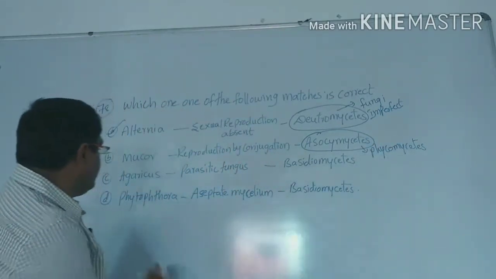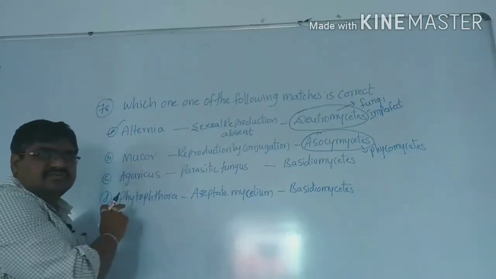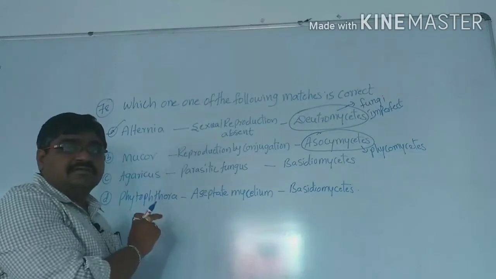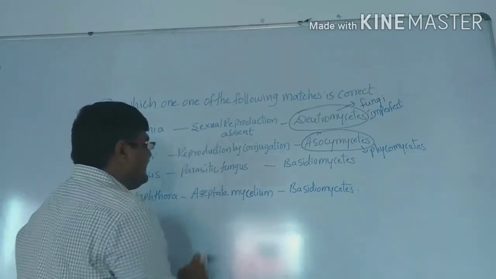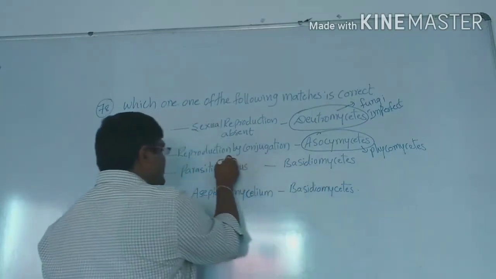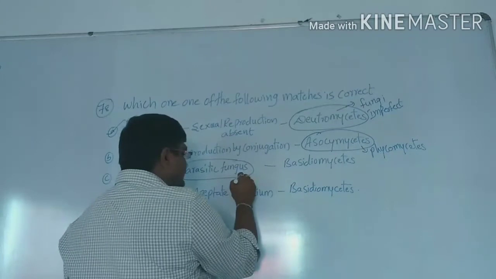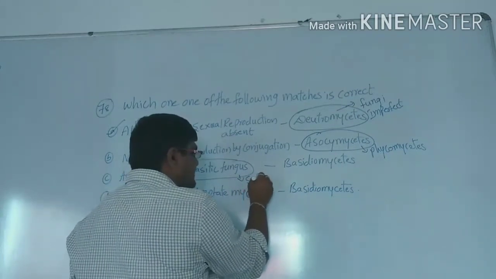And the second one here is Agaricus. Agaricus, the common name is mushrooms. So here it says these are parasitic fungi and these are Basidiomycetes. Here it shows parasitic fungi, but Agaricus is a saprophyte.